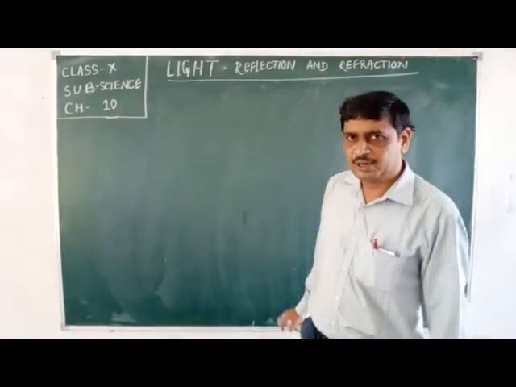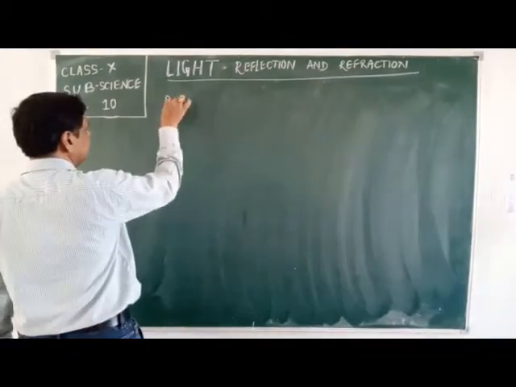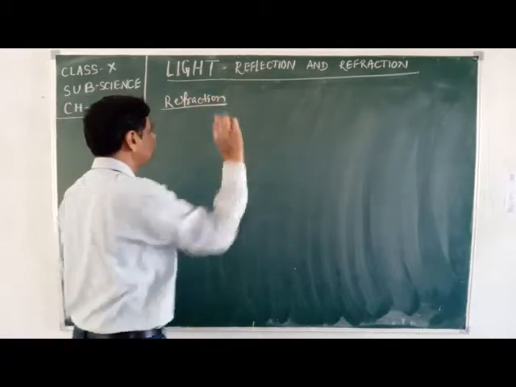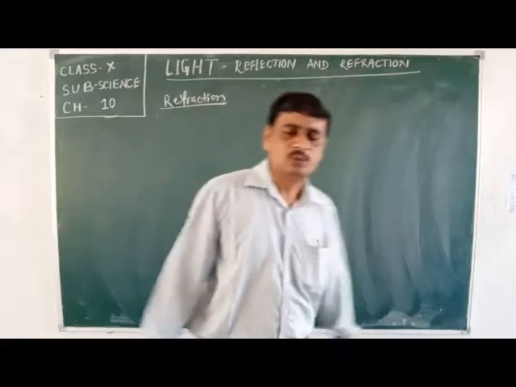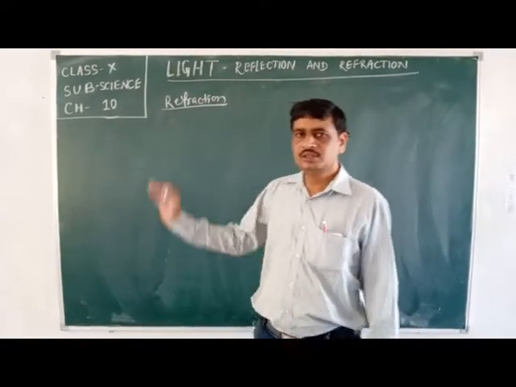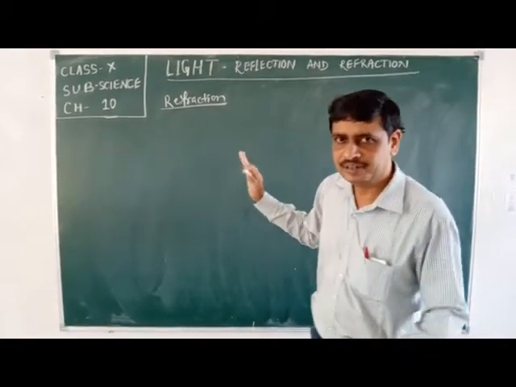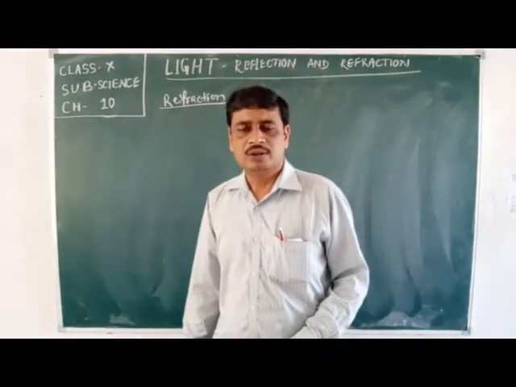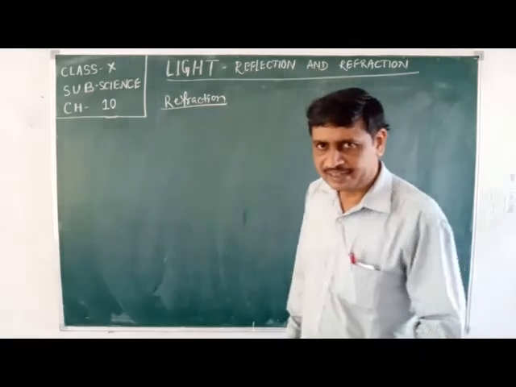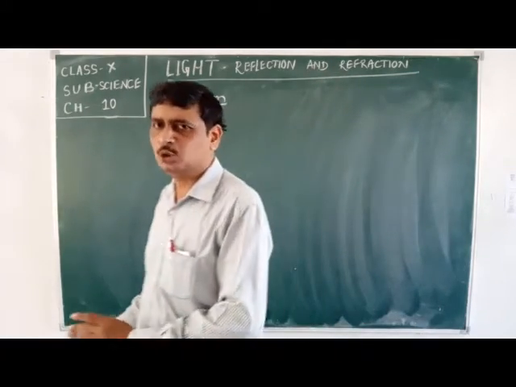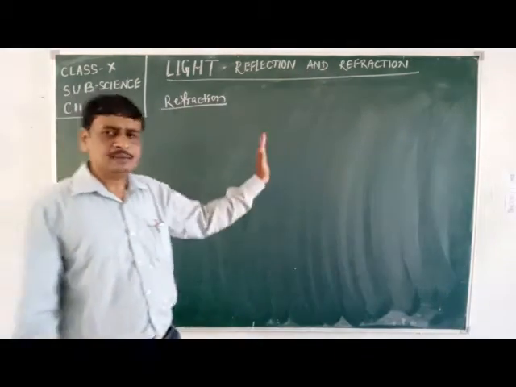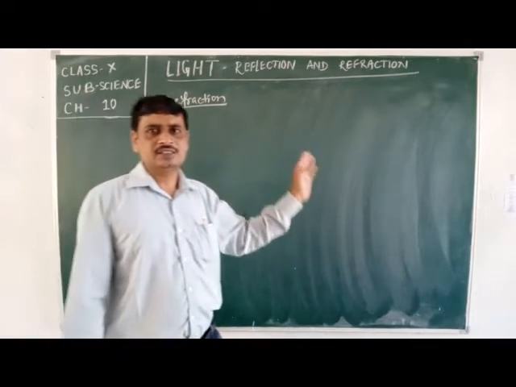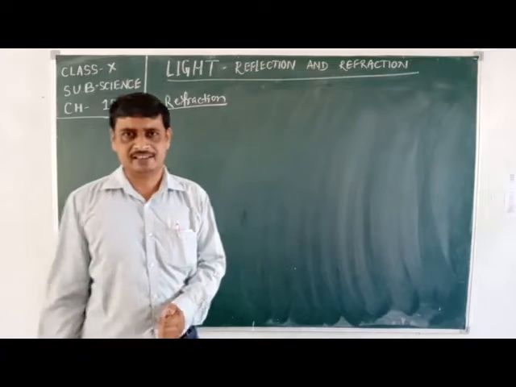Now we will discuss refraction of light. Refraction means when a ray of light is traveling in a medium and after that it comes to another medium. If a ray of light is moving in a medium and then enters into another medium, at the line of separation of both the media, the ray of light will bend there.